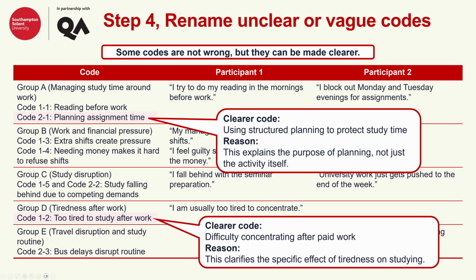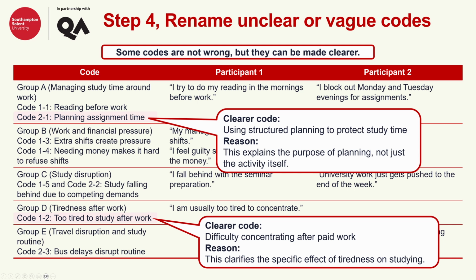A clear code is not simply longer or more academic. It identifies the relevant meanings more precisely while remaining grounded in the extract. We should avoid adding an interpretation that the participant's account cannot support.